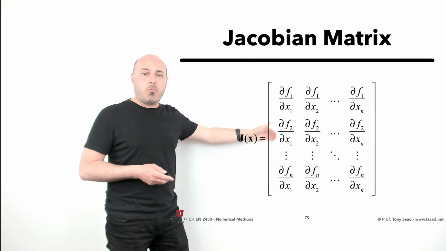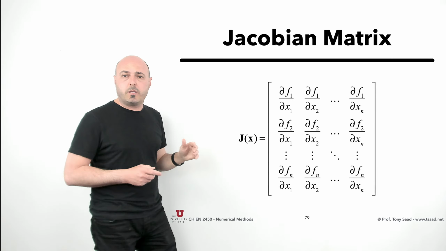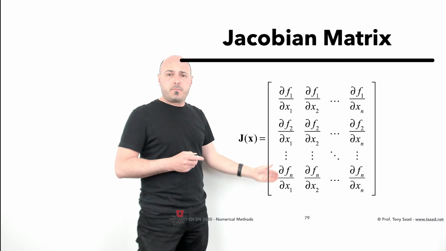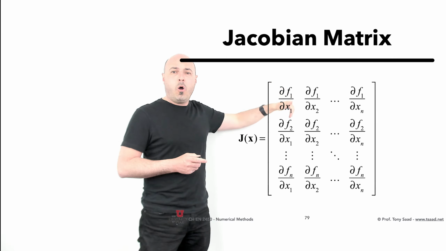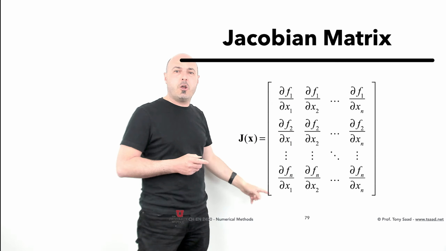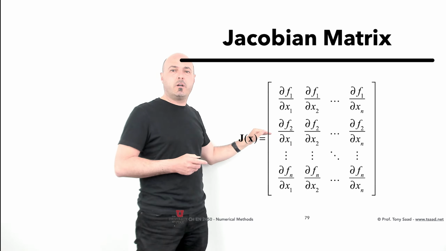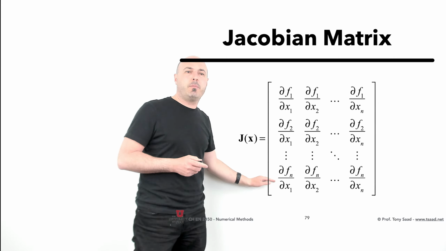So you can think of the Jacobian in both of these ways. If you go column-wise, in the first column you differentiate all of your residual functions with respect to the first unknown. So you see df1 by dx1, df2 by dx1, df3 by dx1, all the way to dfn by dx1.